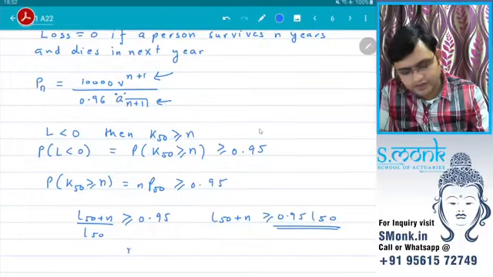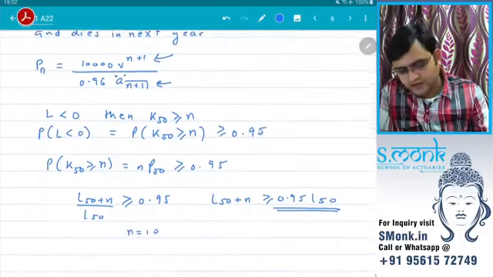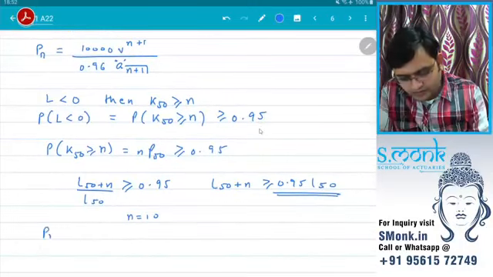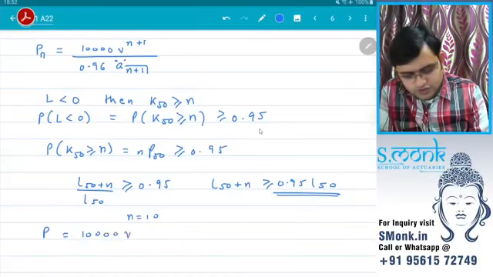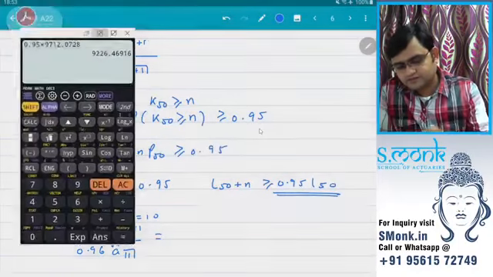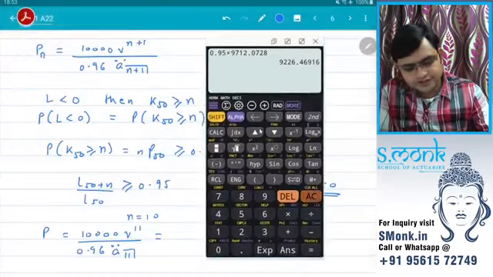So here what do we get? n is equal to 10. If n is 10, what is our premium? Premium P will be equal to 10,000 V raised to 11 upon 0.96 A due 11. Rate of interest, they said 3% in the question.